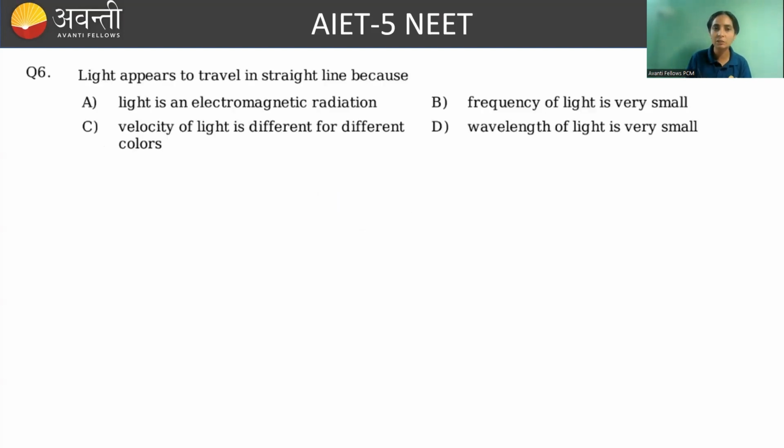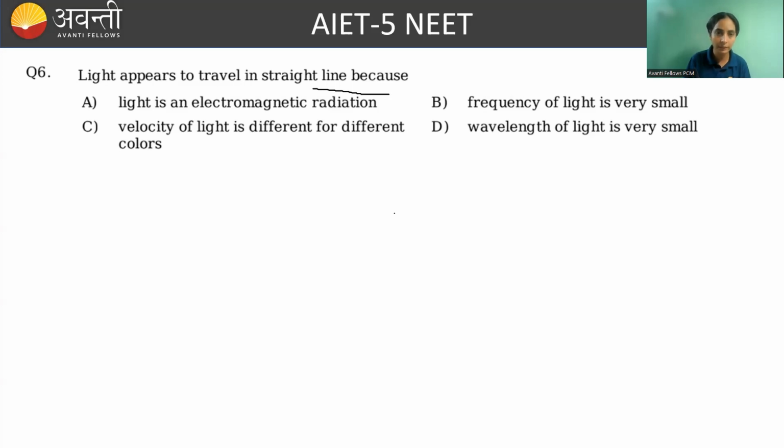Light appears to travel in a straight line because. In wave optics, like we have discussed ray optics, at the end of ray optics some people discuss that it is the spreading of light that decides if light will be taken as a ray or as a wave. How do we define the spreading of light?